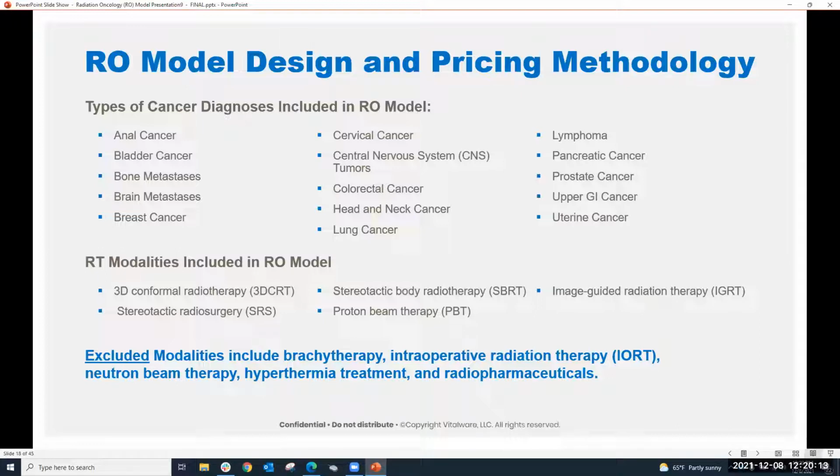And you'll also see the modalities that are included here. So if you are doing an excluded modality, so you're doing brachytherapy, that will have to be billed either through OPPS or fee for service. Also, any changes to these lists will be communicated by CMS no later than 30 days prior to the performance year.